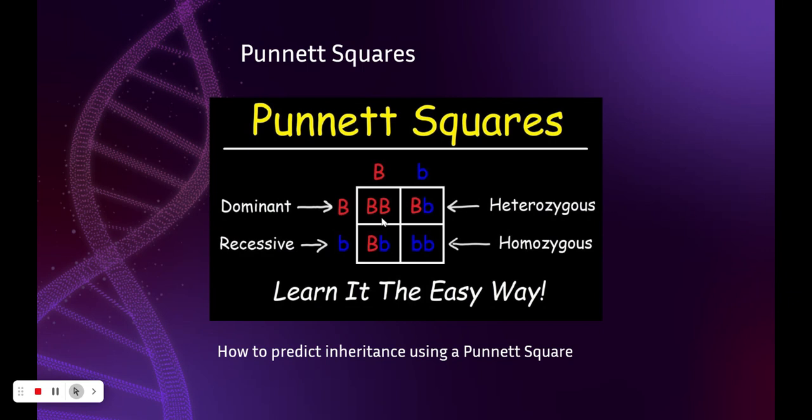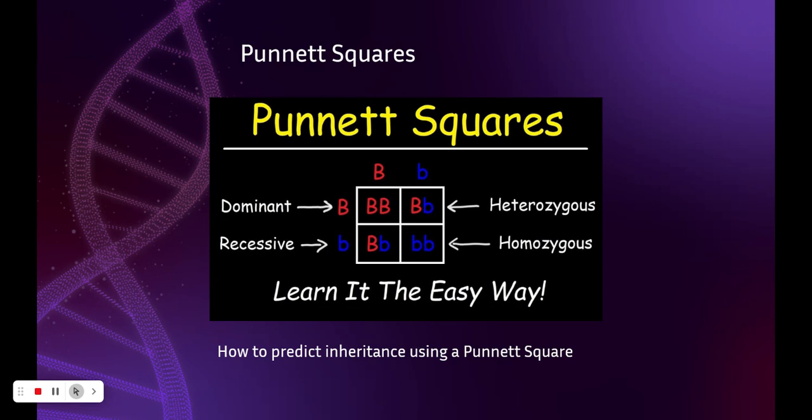So in the first block, in the upper left, mom donates a dominant allele, dad donates a dominant allele. In the second block, the upper right, mom donates a dominant allele, but dad donates a recessive allele. And that offspring is heterozygous.